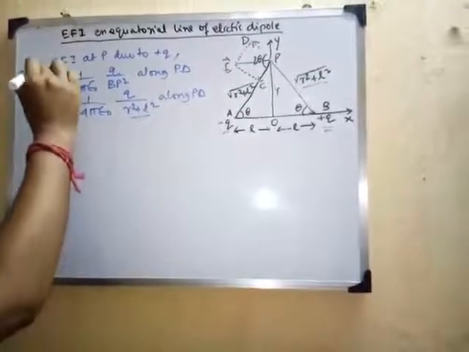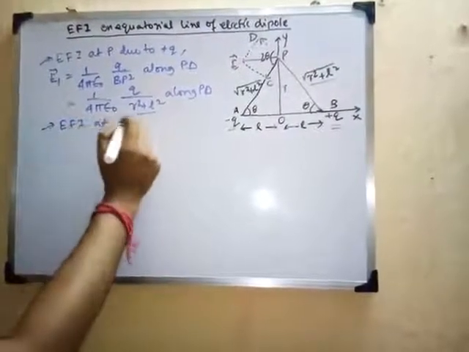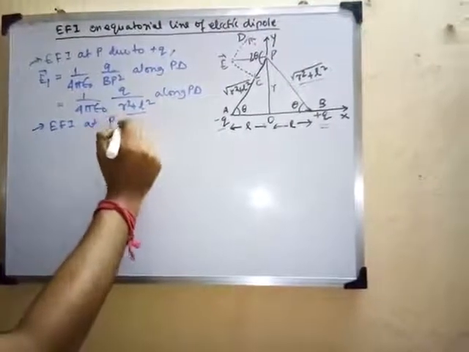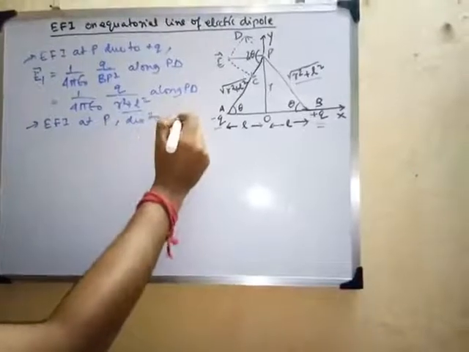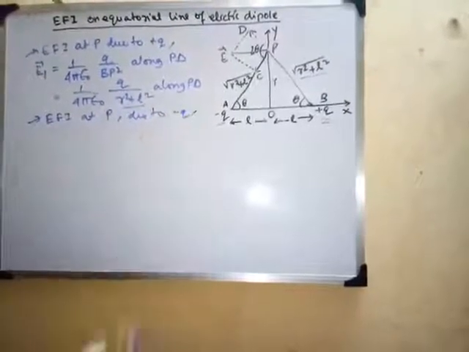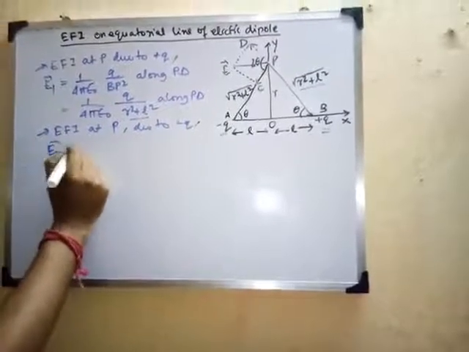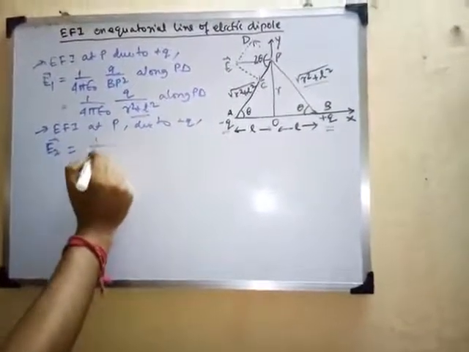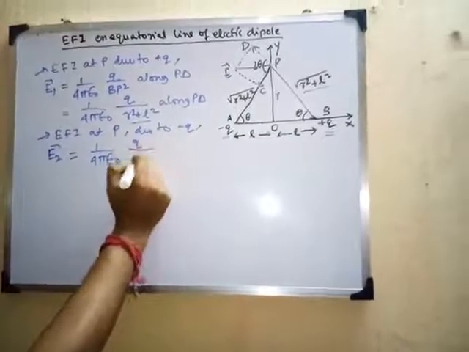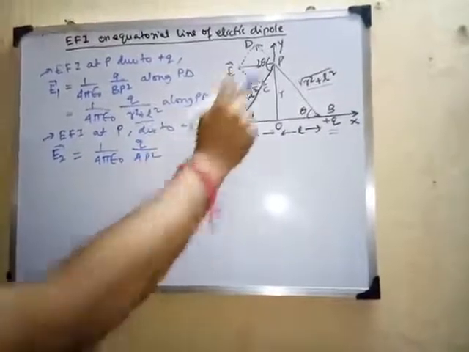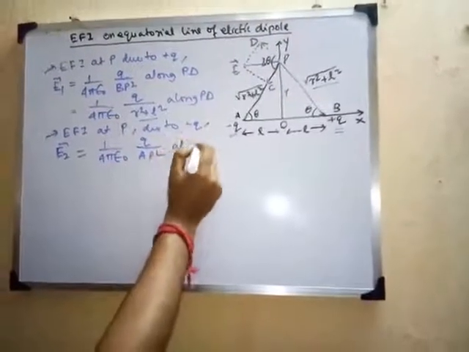Next we will find out this EFI at the point P due to minus Q of charge, that is this one, right? For that, let us represent it by E2. A similar process we will follow. We get 1 by 4 pi epsilon naught Q by AP square, and it will be along PC.